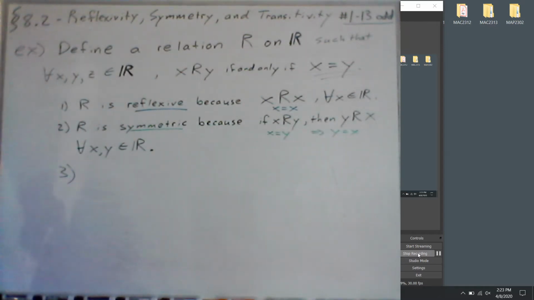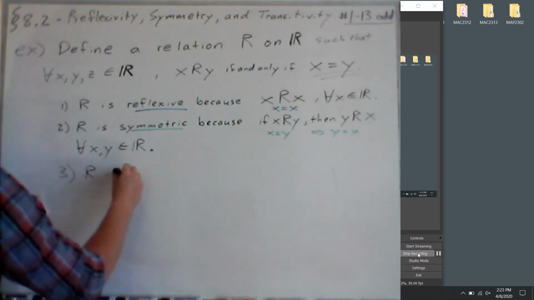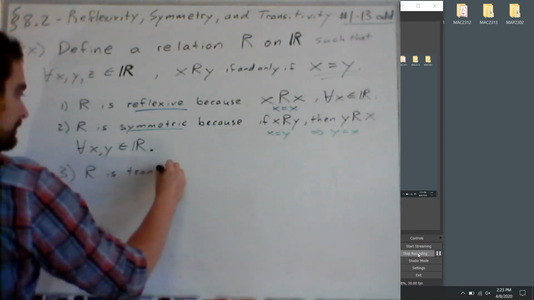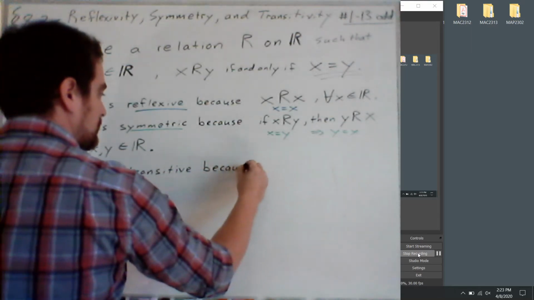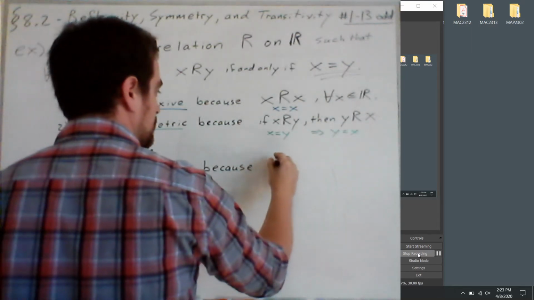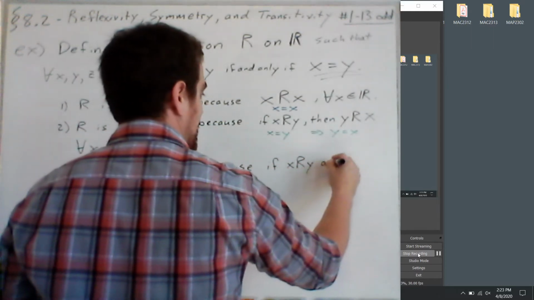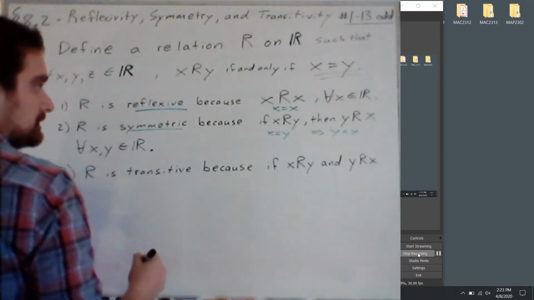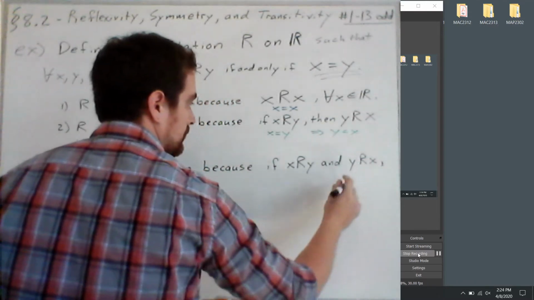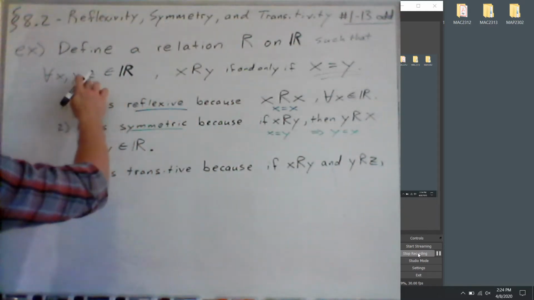And then last but not least, R is transitive because if x is related to y and y is related to z, I need to use that last one, z.